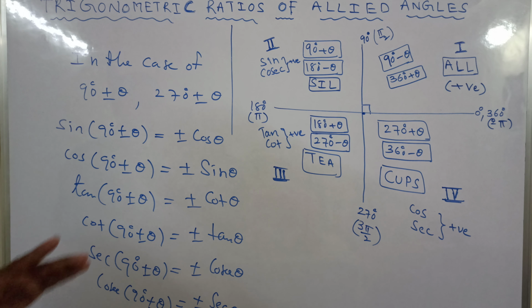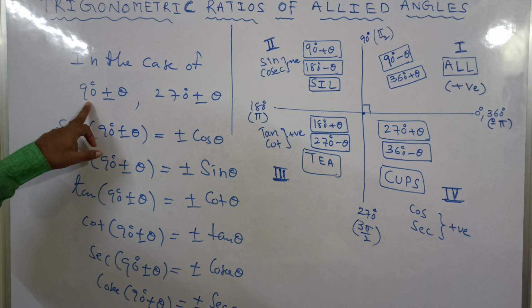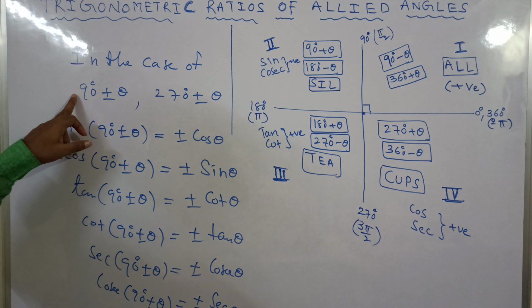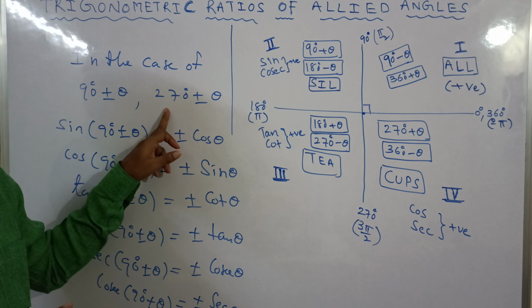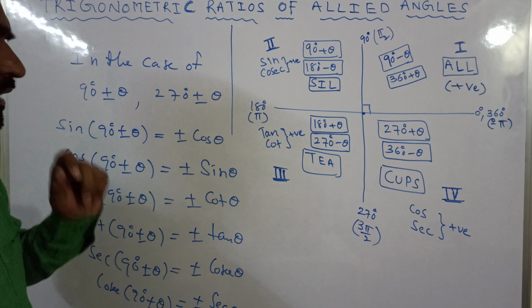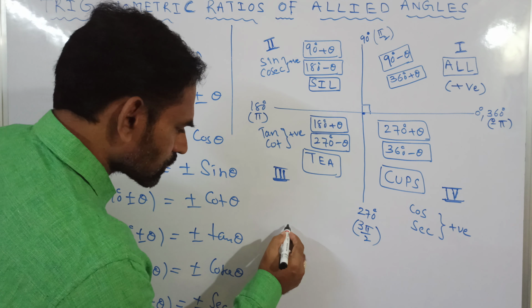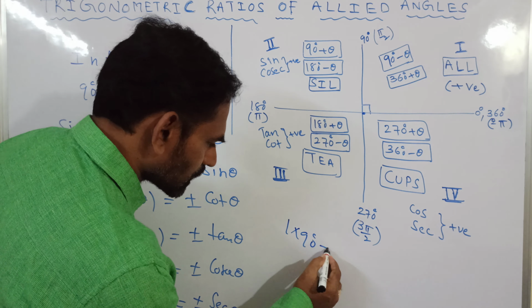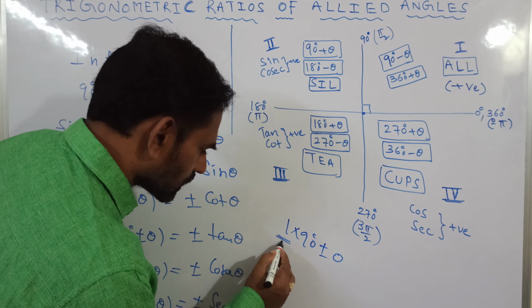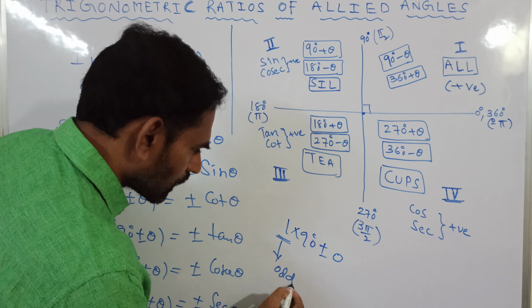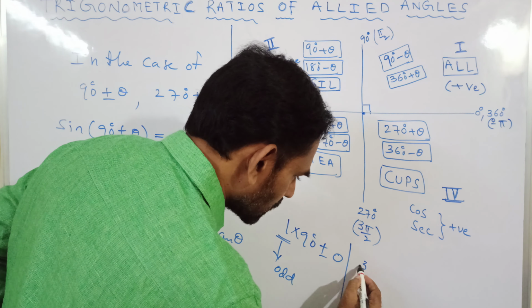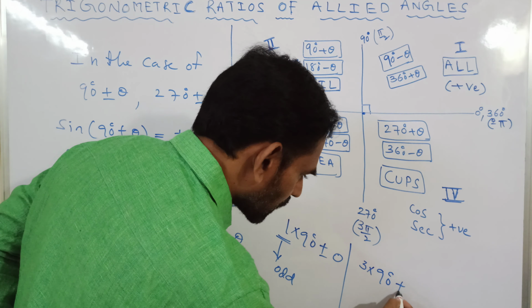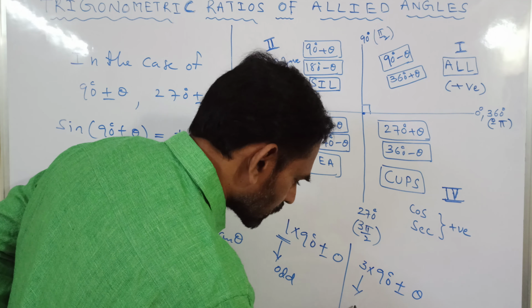Otherwise you can remember it like this. What is the multiple of 90? 1 into 90, 1 is odd. Similarly 270 can be written in terms of 90 as 3 into 90, so 1 into 90 plus or minus theta, here 1 is an odd number. And 270 plus or minus theta can be written as 3 into 90 plus or minus theta, where 3 is an odd number.